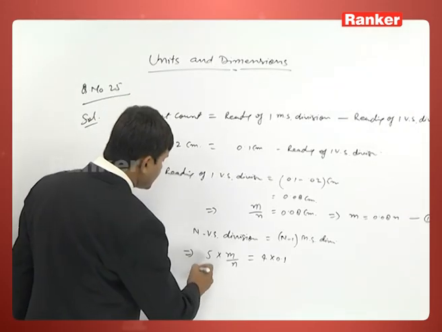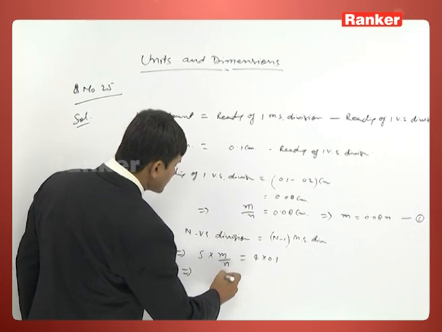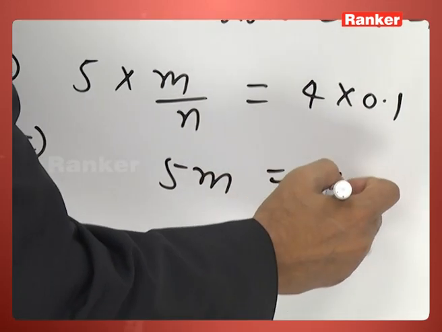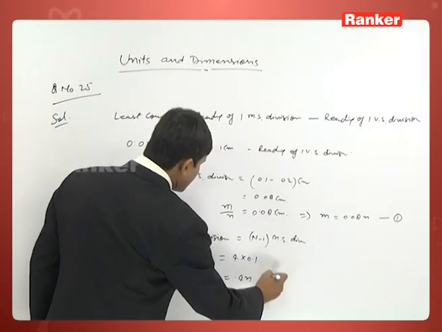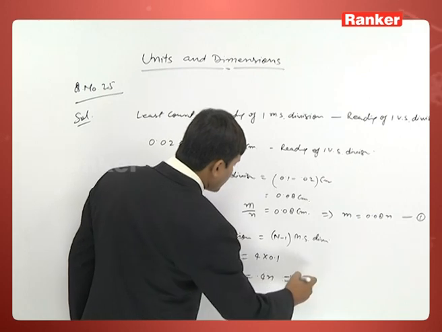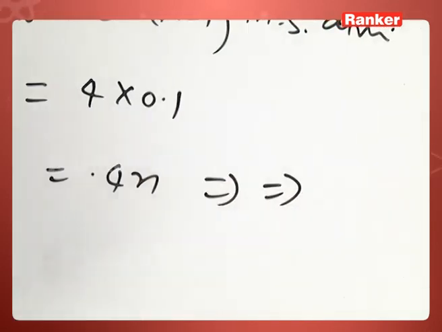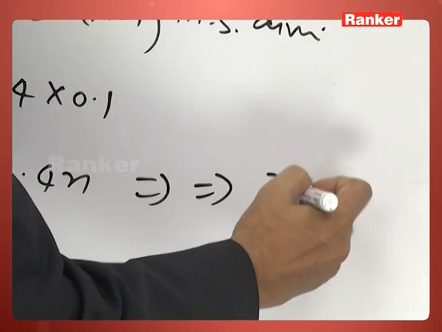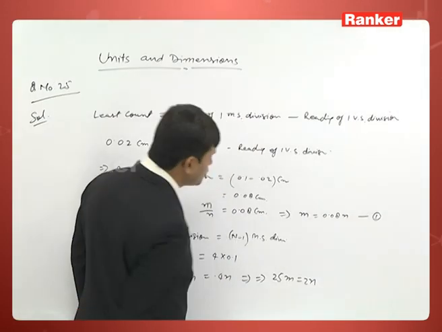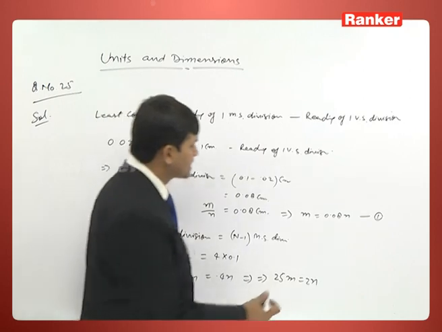So, from that, if we simplify, 5m is equal to 0.4n, or we can say 50 by 4, or 25m is equal to 2n, and this we can substitute.